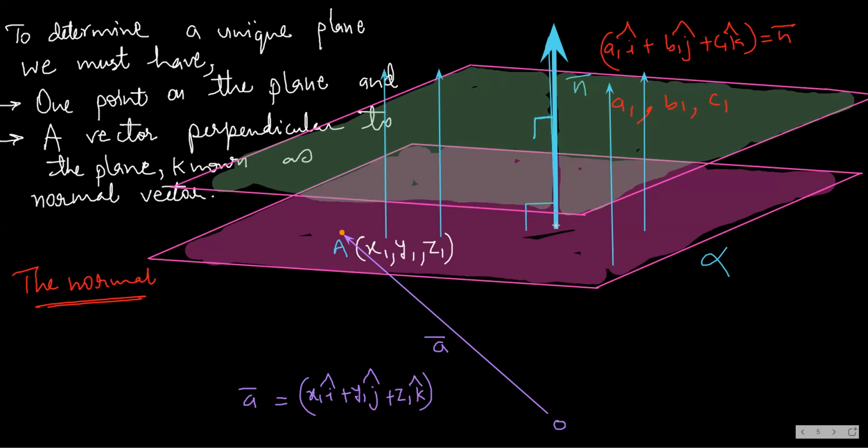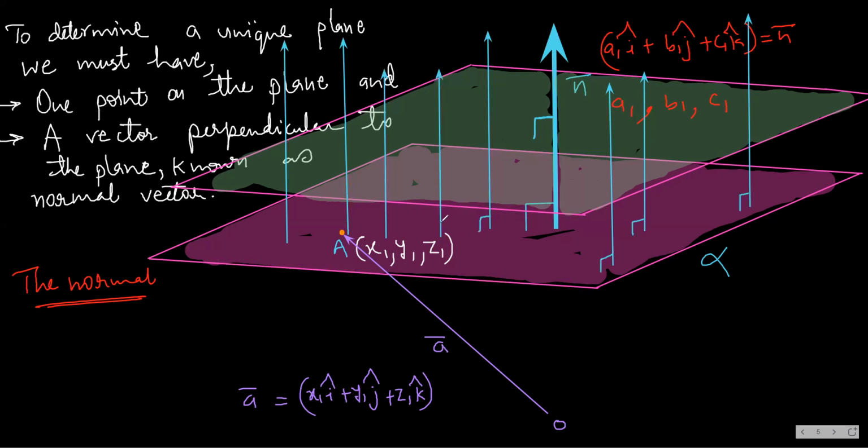Just do not worry. We need only one such vector. We need just one normal vector. There can be infinite vectors perpendicular to the plane. They all are parallel to each other and they all are perpendicular. Let them be.